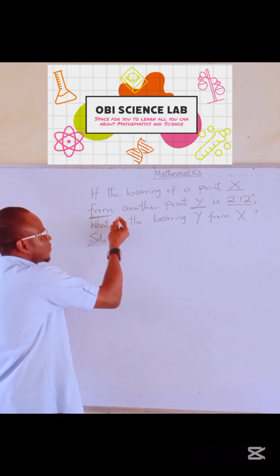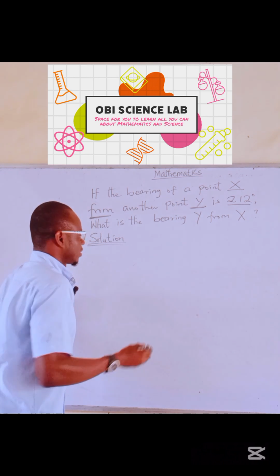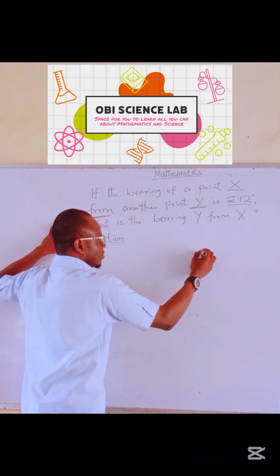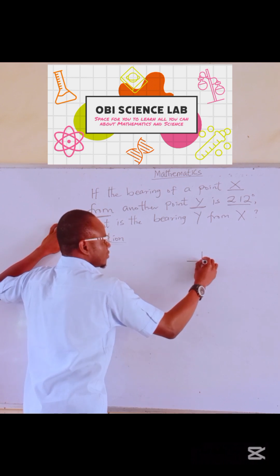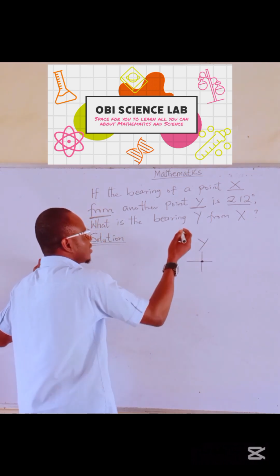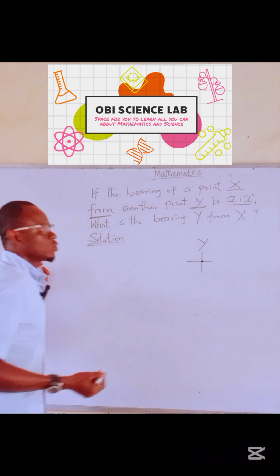If x took its bearing from y as 212 degrees, let's have this starting point of reference, which is y. So we're going to have our point y first. This point is our y, and we're told that x took its bearing from this y through this bearing 212.